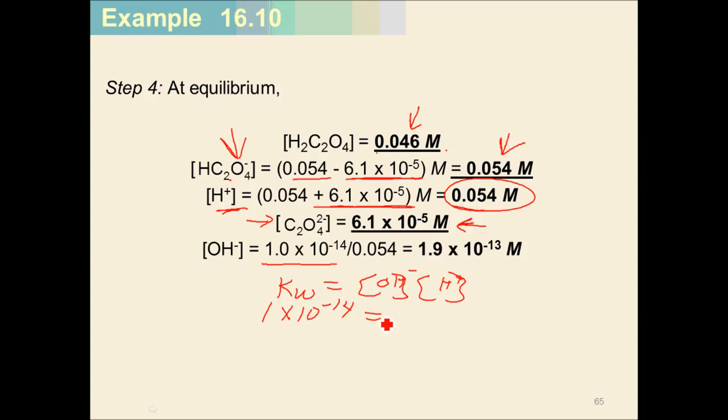And so that's going to be equal to the hydroxide ion concentration divided by the 0.054. So when you substitute in the 0.054 for the hydronium ion concentration, hydroxide ion concentration is 1.9 times 10 to the minus 13th molar.